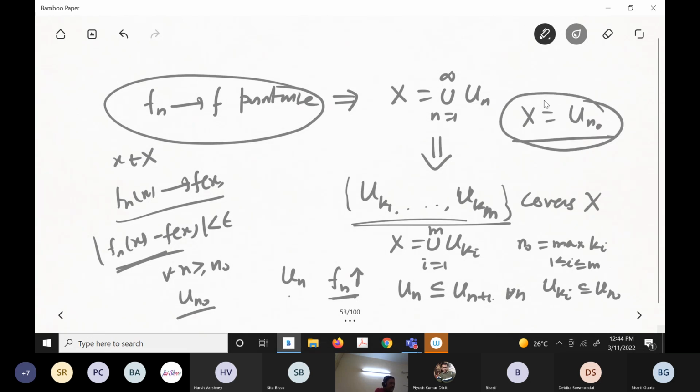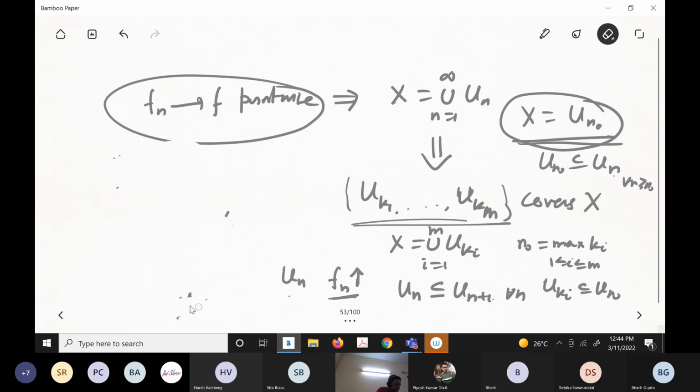That precisely will say that it is uniformly convergent, because whenever n is greater than or equal to n naught, you will get x in Un for all n greater than or equal to n naught.